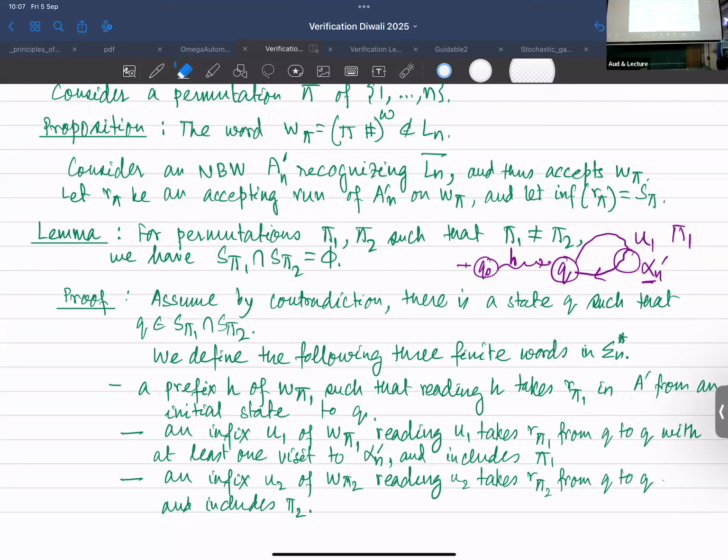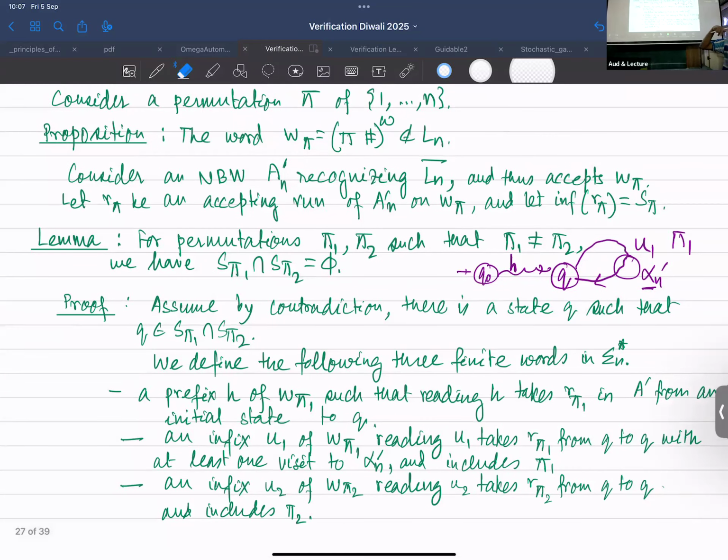Because Q is visited infinitely often, and since pi 1 sharp omega is accepted by the complement automaton, it should also visit one of the states in alpha n prime infinitely often.